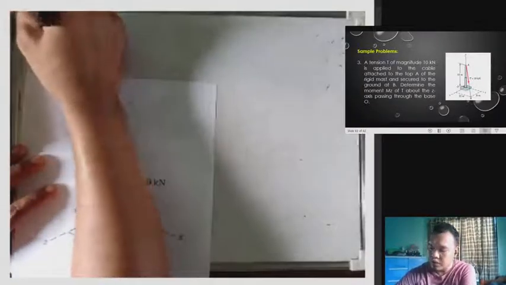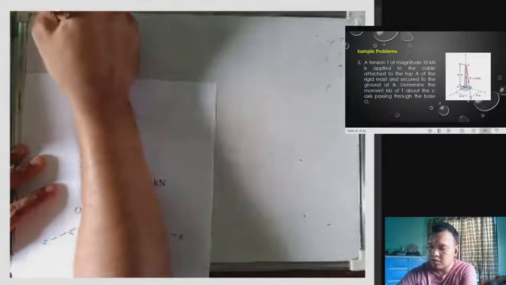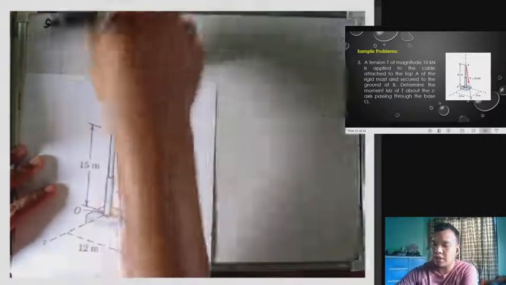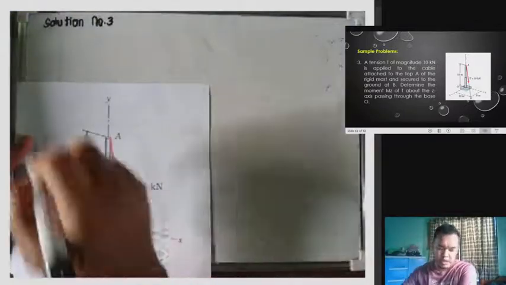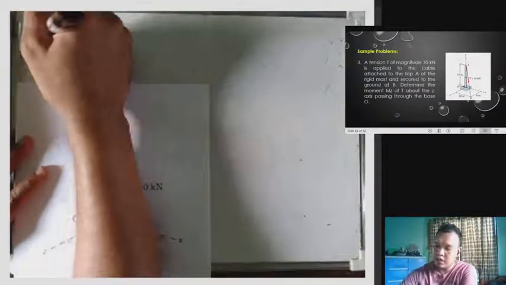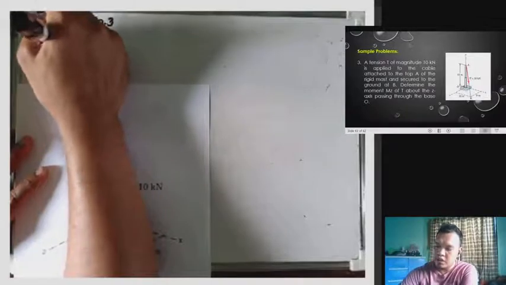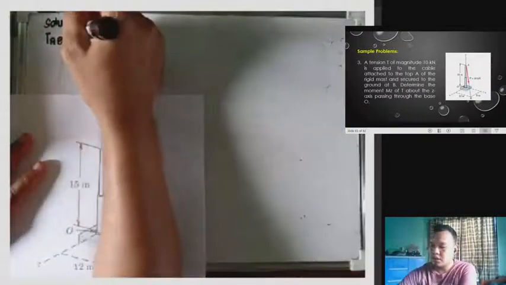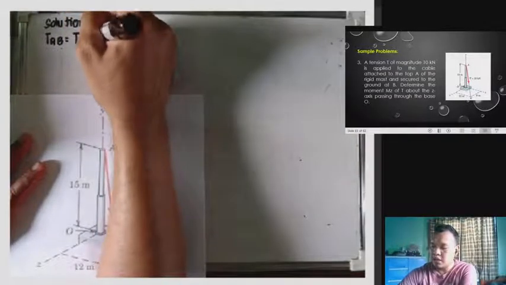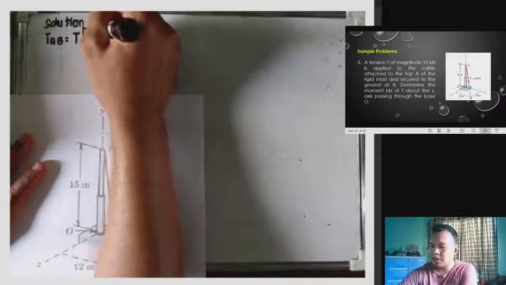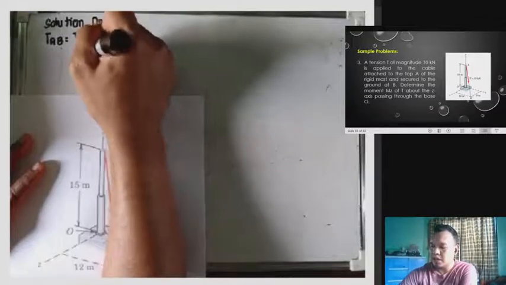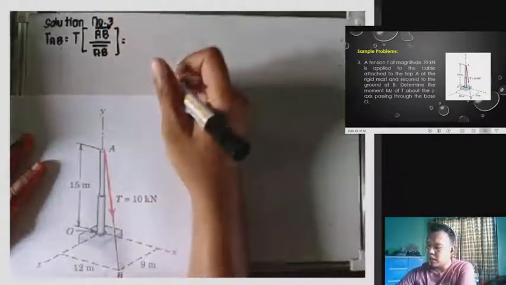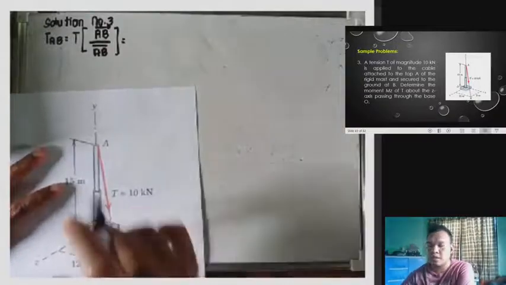Solution number 3. Okay, so we have here T AB is equivalent kay tension force multiplied by AB segment over line AB, which is equivalent kay T, which is yung 10 kilonewton natin.